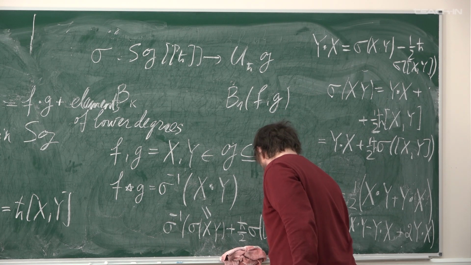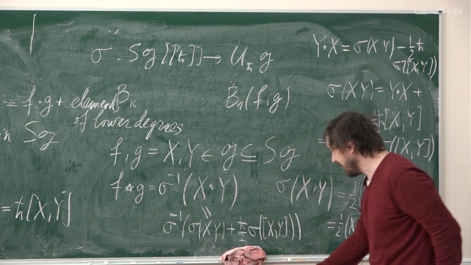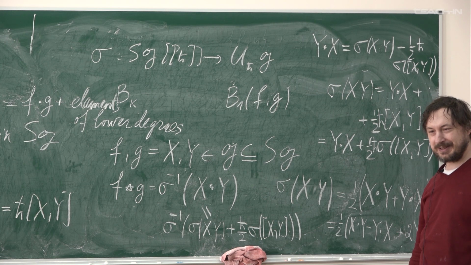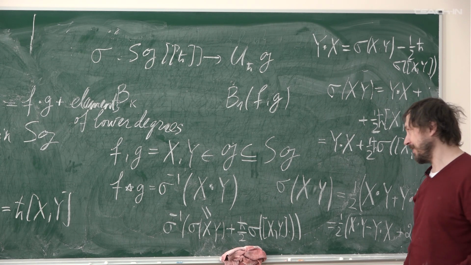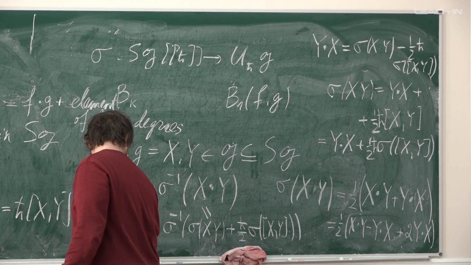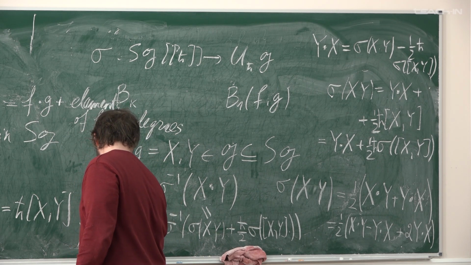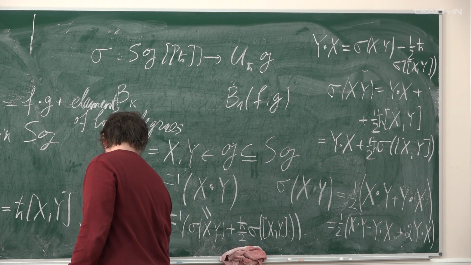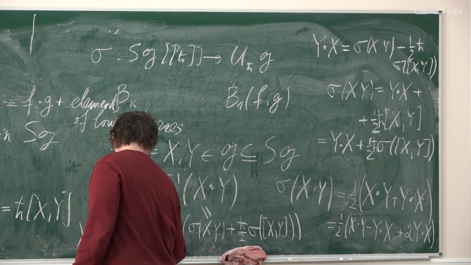The sign is correct. But now sigma and sigma minus first cancel out, and just as I promised, what I have is equal to x times y plus h bar divided by 2 times the bracket x comma y.